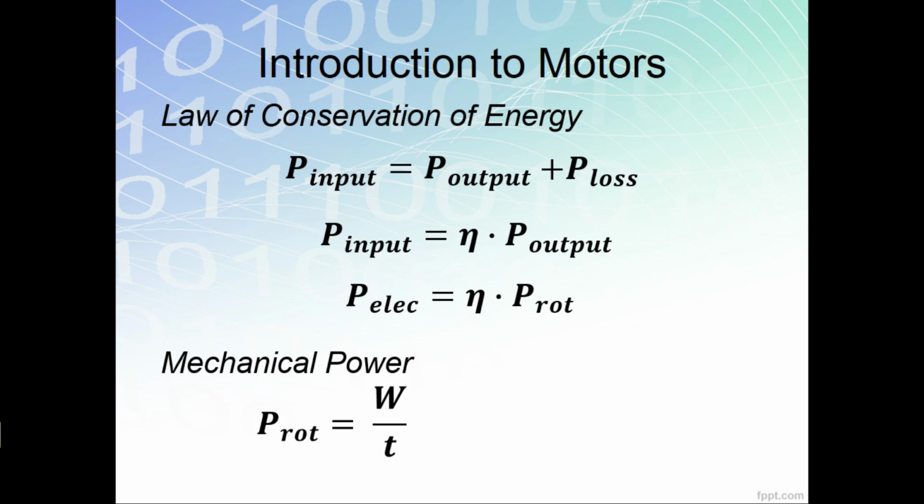By definition, work is the dot product of force and displacement. Since distance over time is velocity, it will be equal to the force multiplied by the velocity. In rotational motion, force can be replaced by torque and the linear velocity can be replaced by the angular velocity.